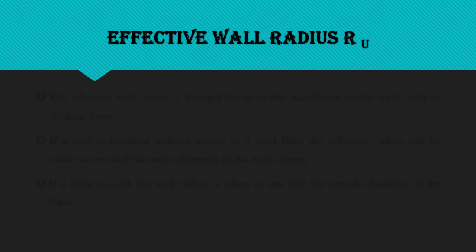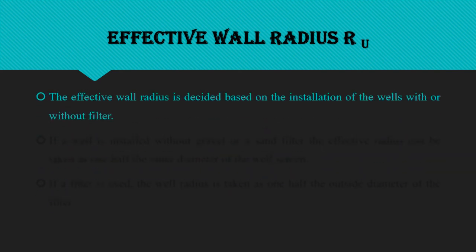In the next step, that is the determination of effective well radius r_w. It is effective well radius, not effective wall radius. By mistake it is specified as wall, but it is effective well. So it is effective well radius r_w. The effective well radius is decided based on the installation of the wells with or without filter.